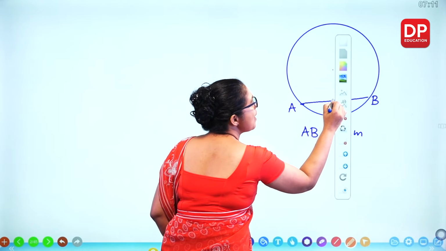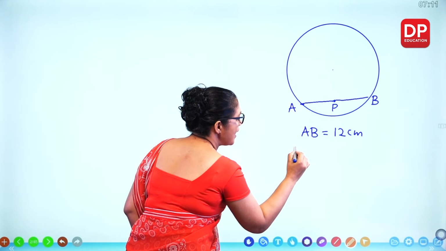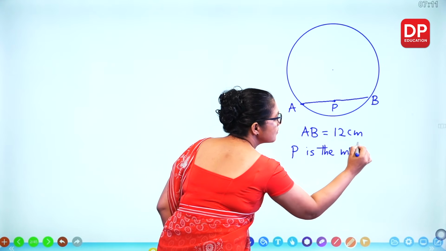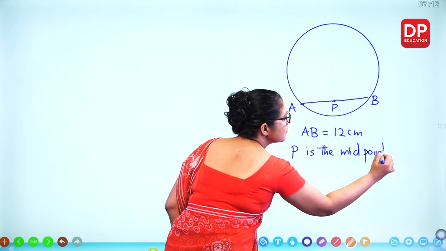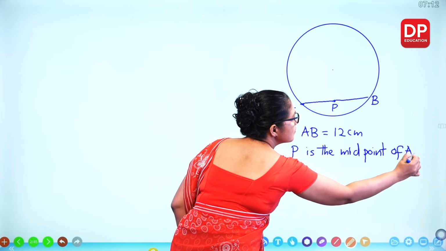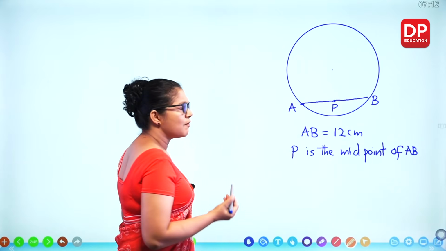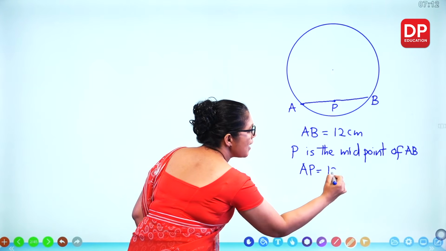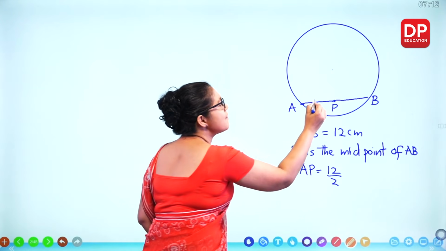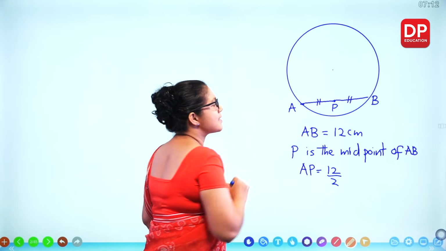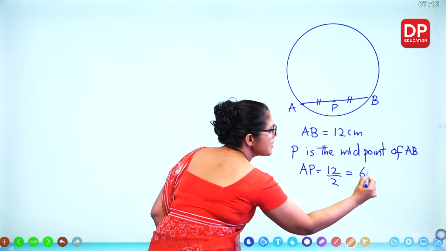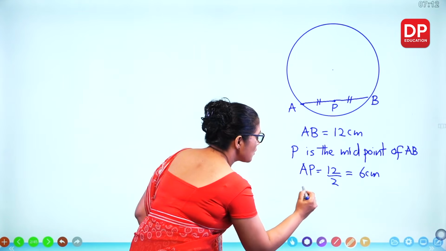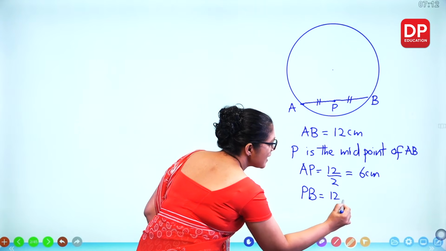So if I take P as the midpoint, what's the distance of AP? AP is equal to 12 divided by 2, because we equally divide this into 2 parts. That becomes 6 centimeters. What about PB then? PB also has the same length.